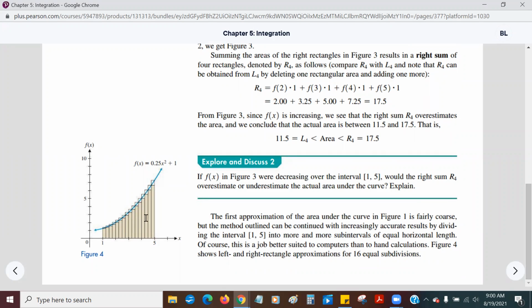Left is not always going to be less than right, but in this particular example, that's just the nature of how this curve rises. The left rectangles are still going to be less than the true area, and the right rectangles are still going to be more than the true area, but the difference is going to decrease and decrease. They're going to get closer and closer to the actual true area.